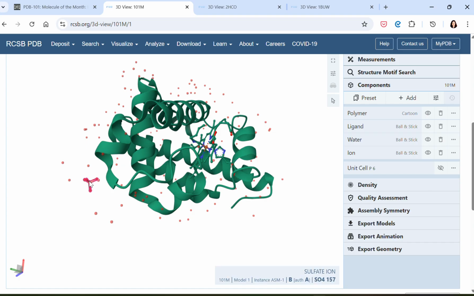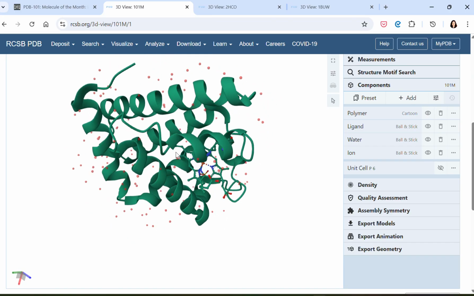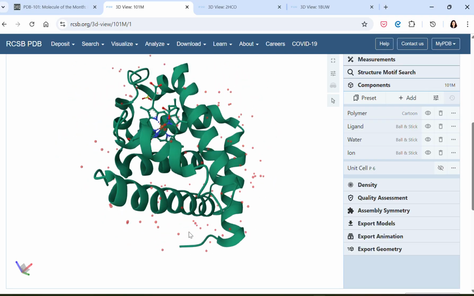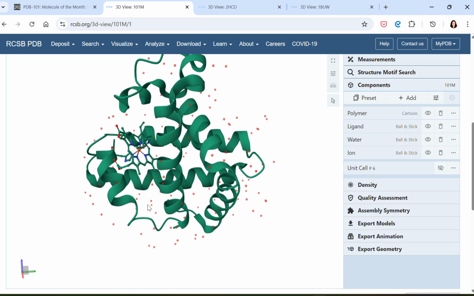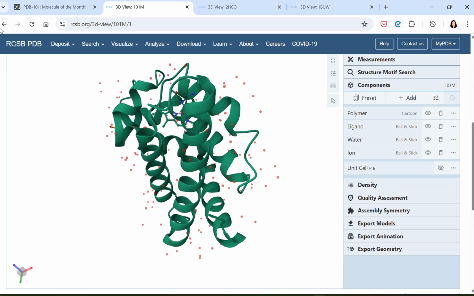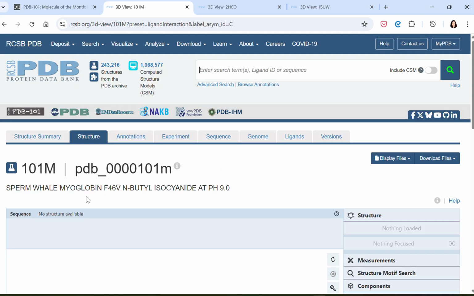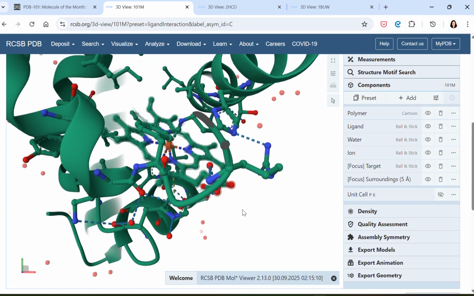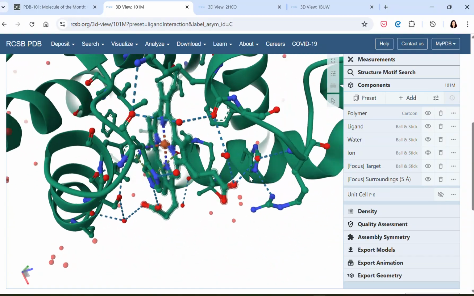So in water molecules, this sulfate ion, it's in the water molecules and it has alpha helixes, which is like one of the subunits of hemoglobin. And we can see the ligand interaction. The ligand interaction again is very similar to hemoglobin.